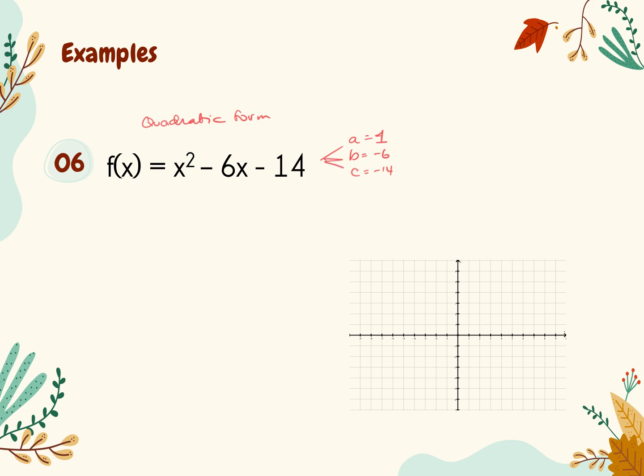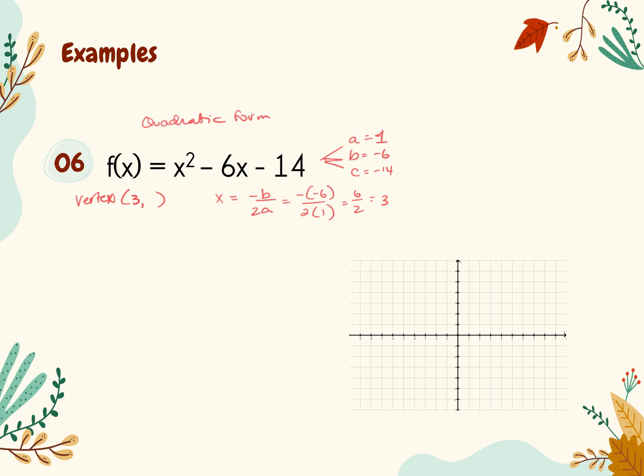So now I know that my vertex has an x value of the opposite of b over 2a. So the opposite of -6 over 2 times +1. So 6 over 2, or 3. So my vertex is at 3, something.